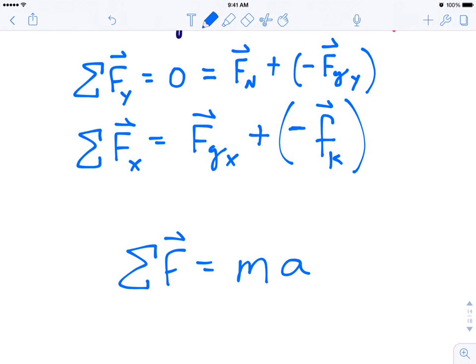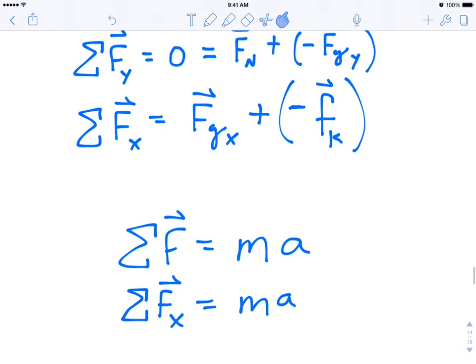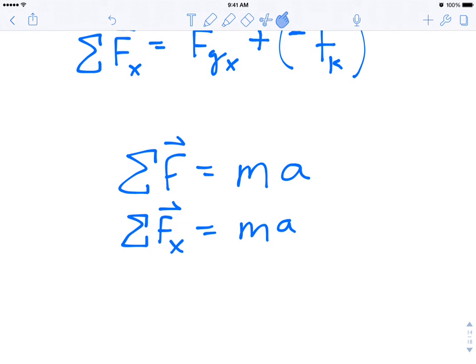Since there is no acceleration on the y-axis, we can say that the sum of the forces is only going to be the sum of our x-axis forces, and if I can figure out the sum of the forces on the x-axis, since I have my mass, I can now solve for acceleration.